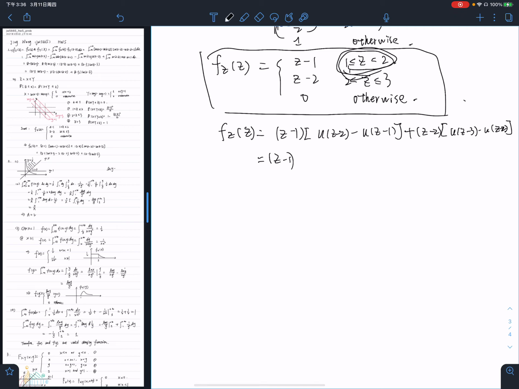After simplification, it should be (z minus 1) u(z minus 1) minus 2 times (z minus 2) u(z minus 2) plus (z minus 3) u(z minus 3).